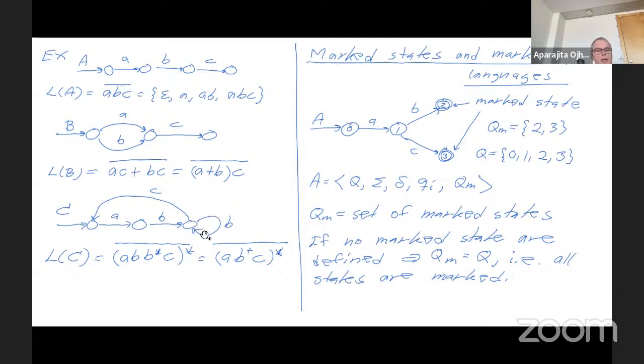So this B looping around here could be expressed as B star, but it follows first by a B, and then you make a C, and then you are back in the initial state again, and you can repeat the same procedure.